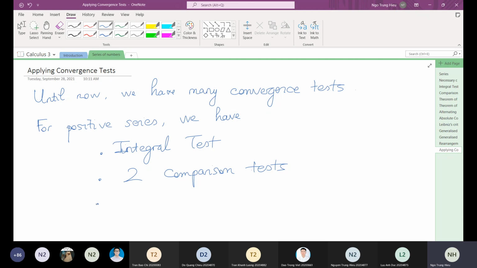And we have D'Alembert criterion, and we have Cauchy's criterion. So that's for positive series.